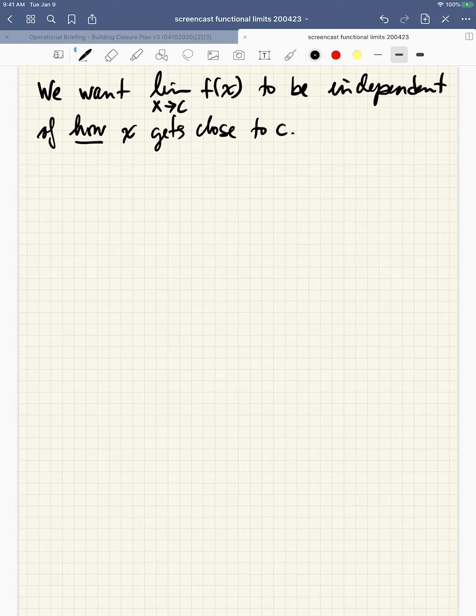That's what we want. Our previous attempt failed; the Dirichlet function showed us that. This is where we want to head. So those are the concepts we're talking about.